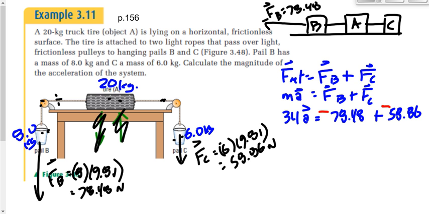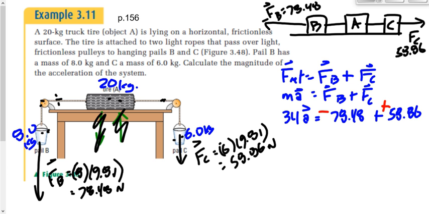And we've got a force over here, FC, of 58.86. What do you think now about these? Does that make sense what I've just done there? Like, that's kind of the same, right? FB and FC are opposing each other, even though they're both pulling down. I'm pretending one's to the left and one's to the right. Now I want to make FB negative, but I want to make FC positive. Despite the fact that it's acting down, I want to make it positive here.